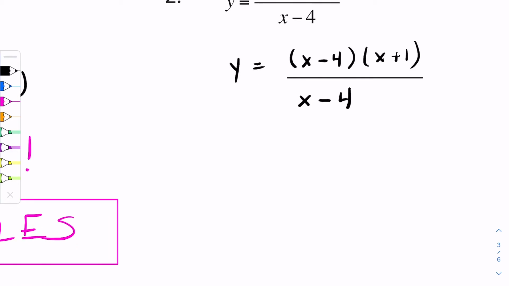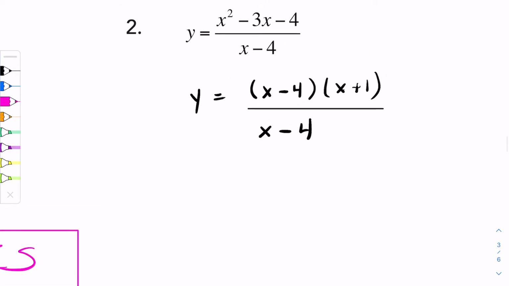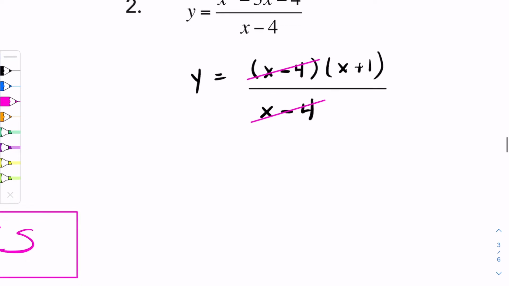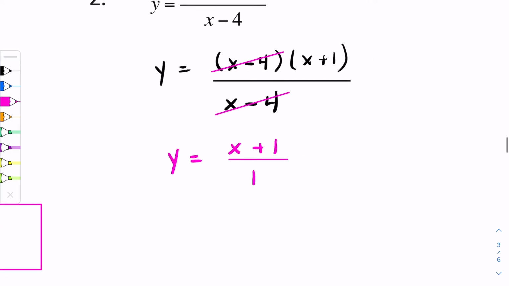Now I'm going to indicate that my common factor of x minus 4 cancels, and I'm also going to write my simplified function. My simplified function is x plus 1 in the numerator divided by 1, because we divided out the common factor. Next to this, I'll put in parentheses that this is my simplified function.